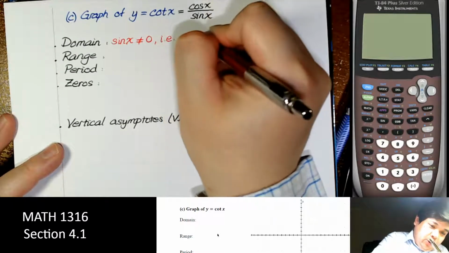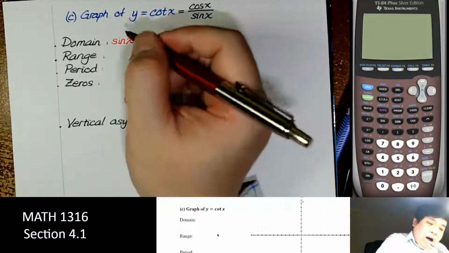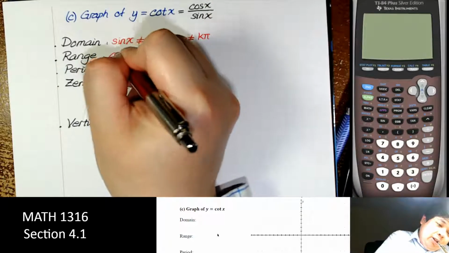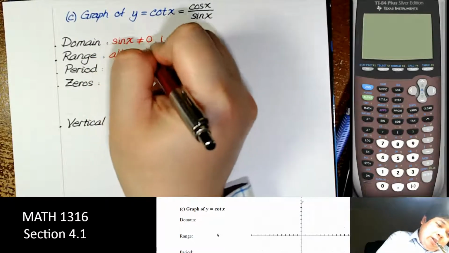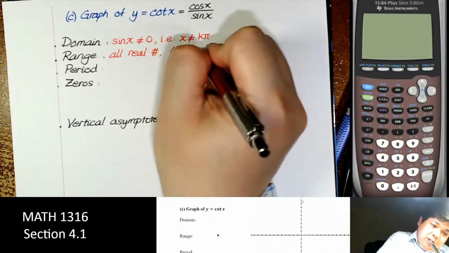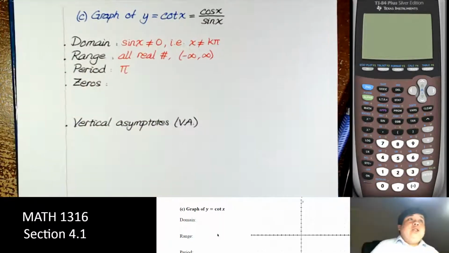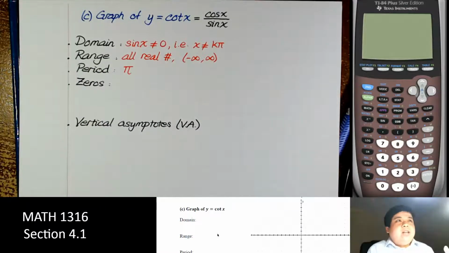So x not equal to k pi. The range, similar to tangent, is all real numbers. The period is pi. So tangent and cotangent periods are pi. Everything else is 2 pi.